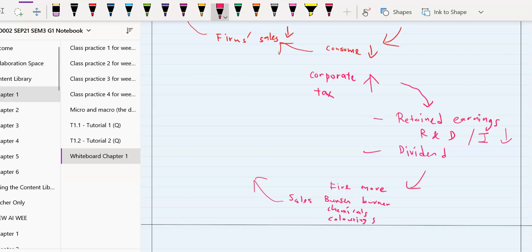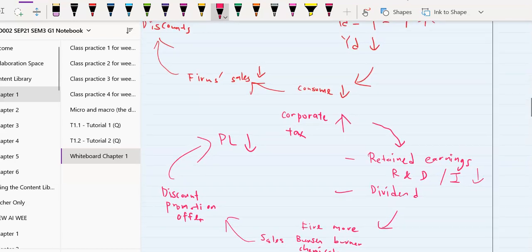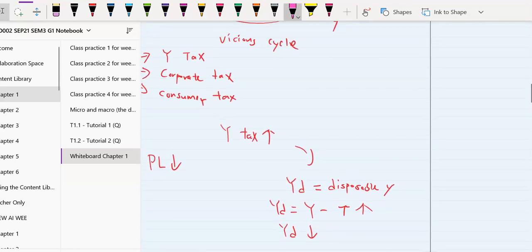All of the sales will go down, right? When the sales go down again, they would like to do some promotion. Maybe they give you some offer. Maybe they give you even more discounts when you do bulk purchasing because they want to get rid of their inventories. All these are actually what? They are actually price level decrease. Okay, that is for corporate tax.